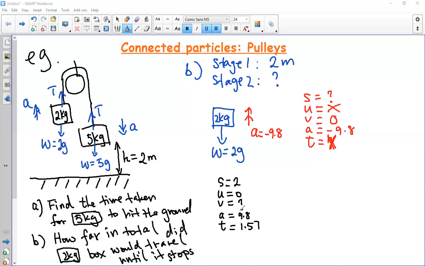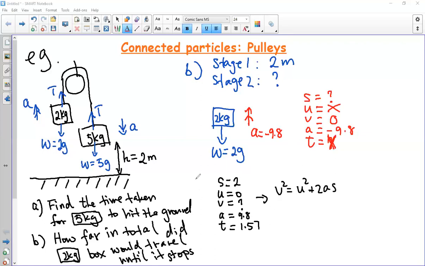So we can work out v. Why don't we use this formula? v squared equals u squared plus 2as.